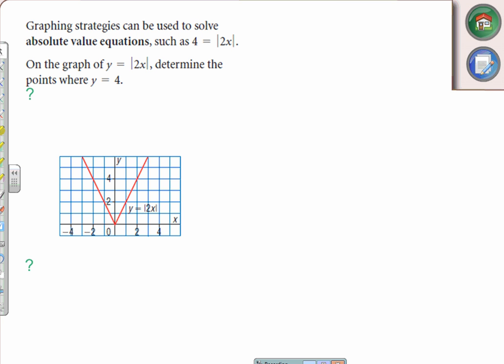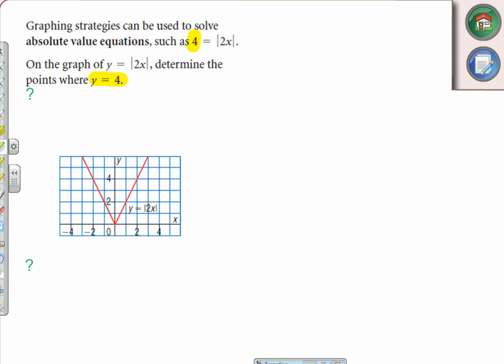Okay, so those graphing strategies I just went over, looking at the intersection between two graphs, can be used for this. And it can be used for any type of a question when we have something equal to something. I've got y equals 4. Let's make that as one graph.